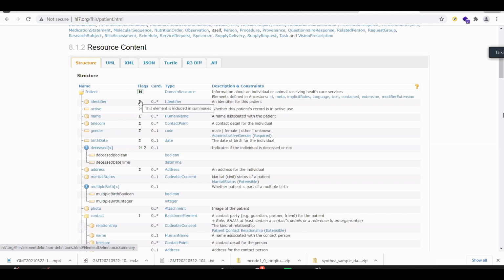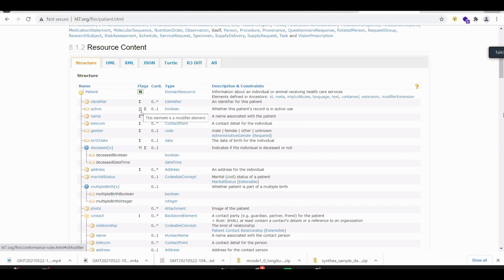This sigma is important. It's actually the summary flag. Whenever you are implementing a FHIR server, wherever there is this sigma sign, it should be included in your narrative. So whenever you're generating the XHTML piece of the resource, you should include the value from the attribute that is marked as sigma.